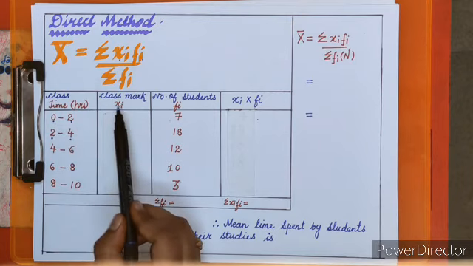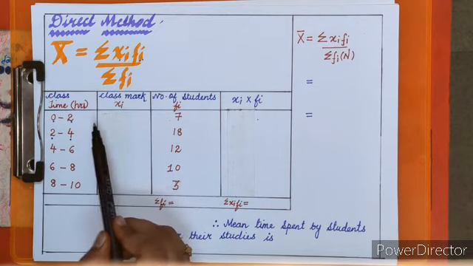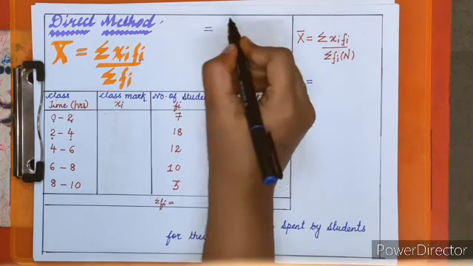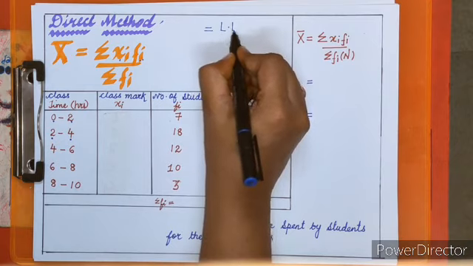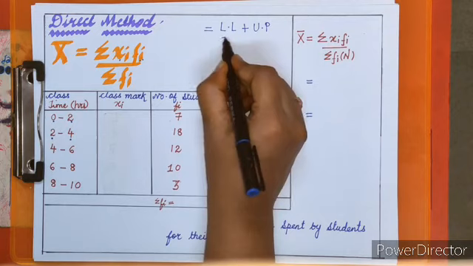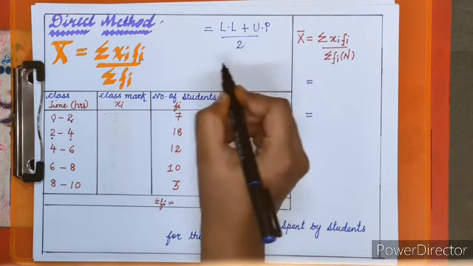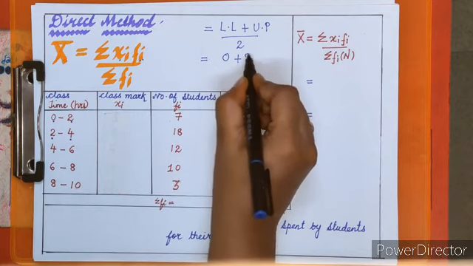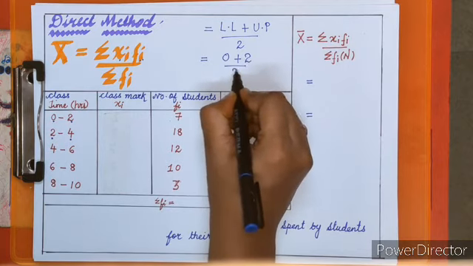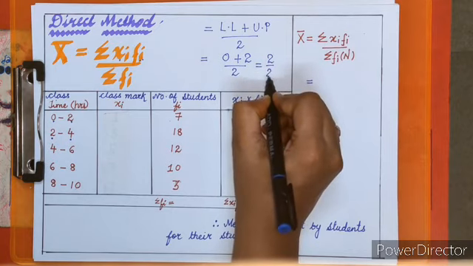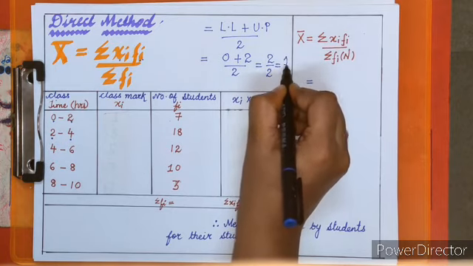So there is a formula to find the class mark. The formula is lower limit plus upper limit upon 2. So your first lower limit is 0, upper limit is 2, upon 2. So that is 2 upon 2, which will give you 1.